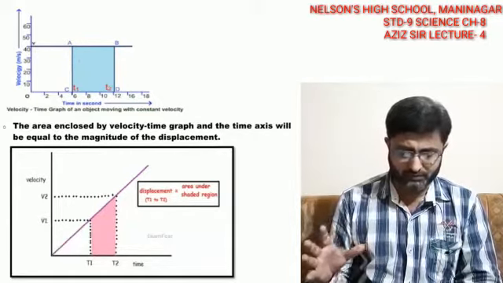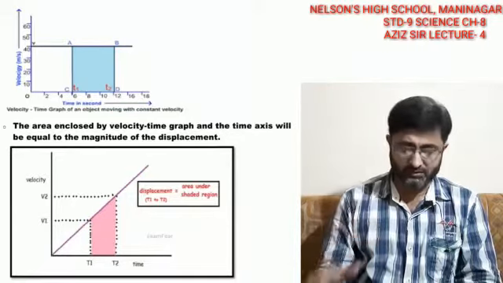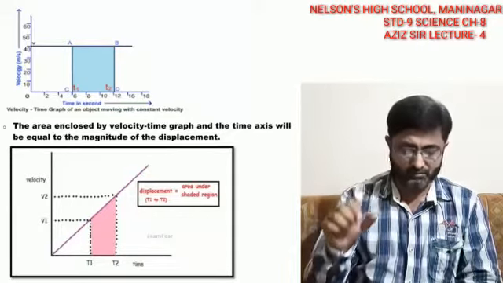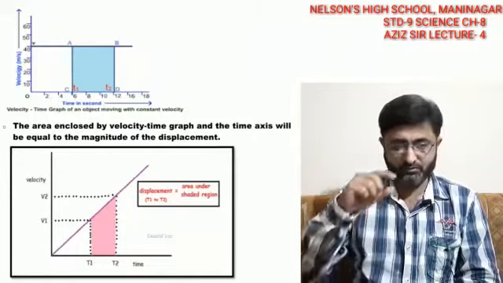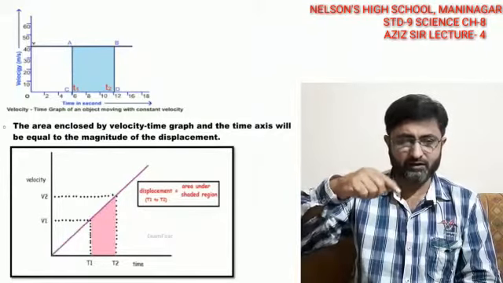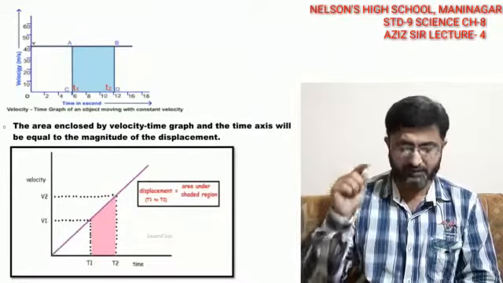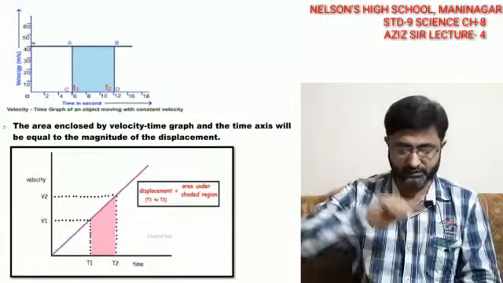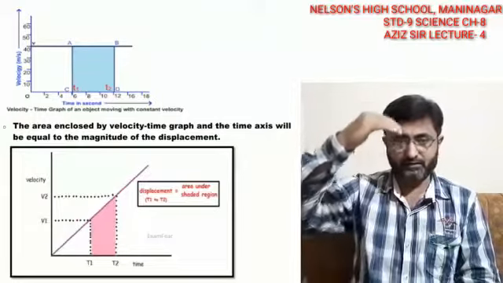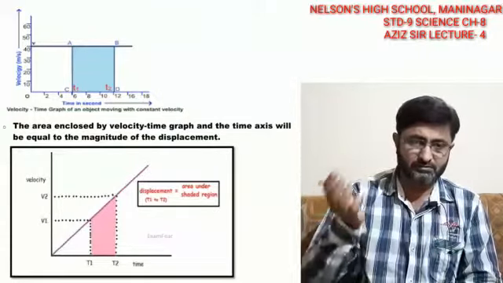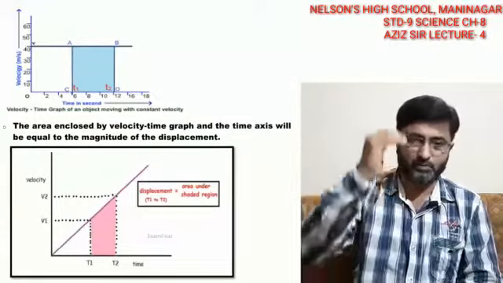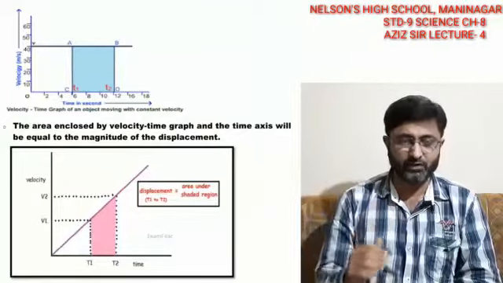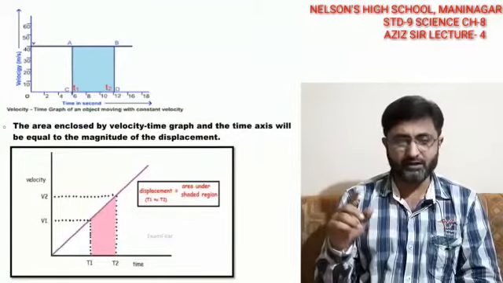Now the graph that you are seeing, which is enclosed with a pink color mark, right? Here v1 is the initial velocity and v2 is the final velocity, with time t1 for the initial velocity and time t2 for the final velocity. You are seeing a straight line graph, and if you want to find the distance from this particular graph, the pink color trapezium which is formed can be taken into consideration.